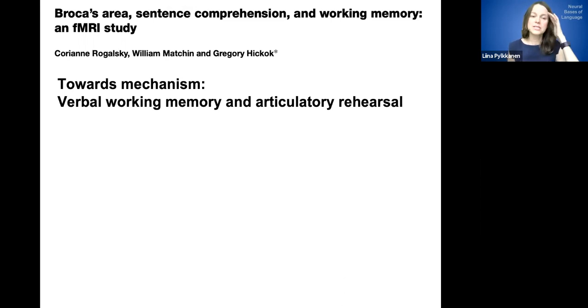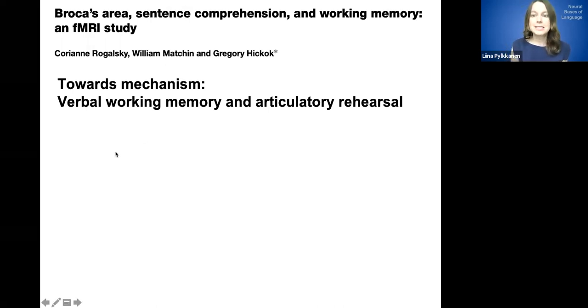And so in particular, this study by Corianne Rogalski, William Matchin, and Greg Hickok takes as its starting point an influential hypothesis about how verbal working memory works, when you're using working memory during language processing.